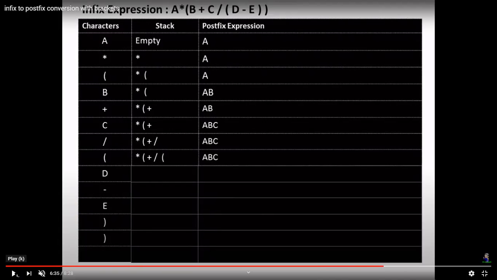We can see here we have encountered another opening bracket. So the opening bracket will be pushed to the stack. So you can see the various operators we have in the stack.